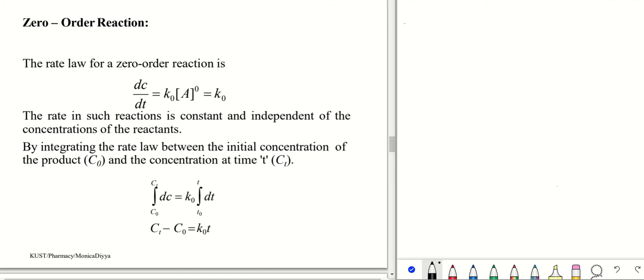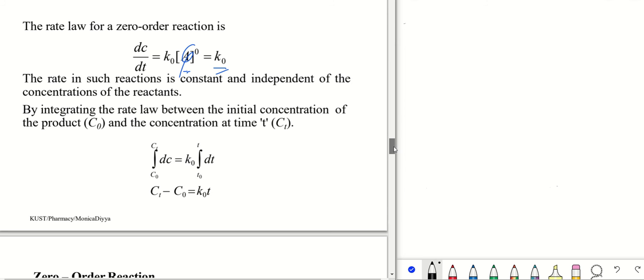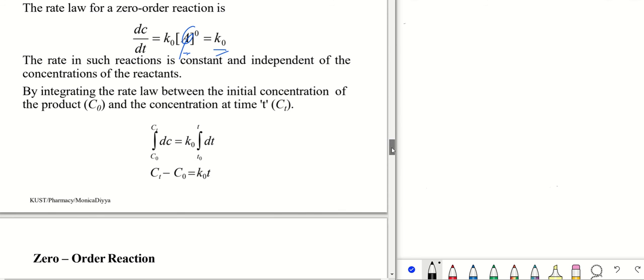So dC by dt is equal to K naught into A to the power of 0, so dC by dt is equal to K naught. That we already know. Now, the reaction rate here indicates the change of the concentration of reactants with respect to a time interval.